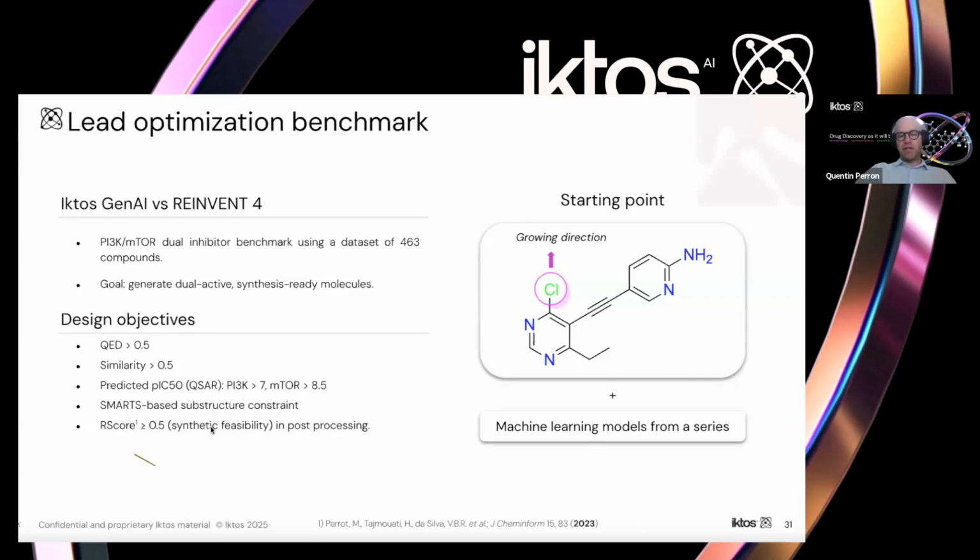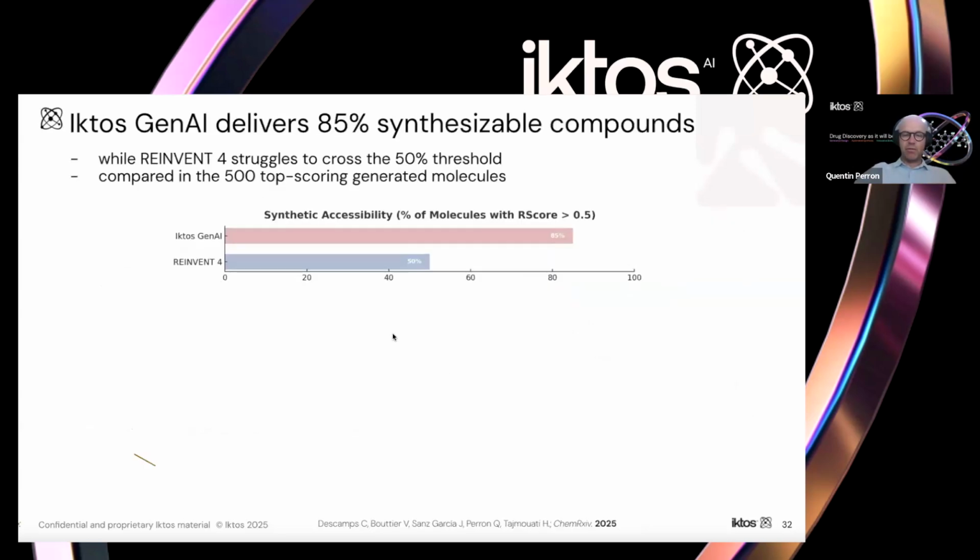And in post-processing, we compute retrosynthesis to assess the top 500 molecules generated by MACHA and by reInvent, and to compare the synthetic feasibility, synthetic quality. In case of MACHA, we wanted to start with the chloro, which is a logical disconnection in chemistry to react in this position. And in reInvent, you need to put a star because reInvent is not chemistry driven, and we compare the output.